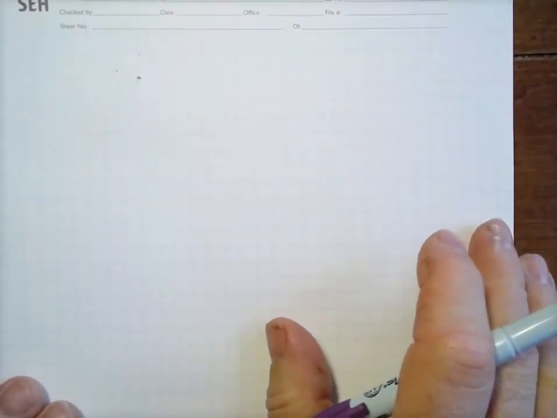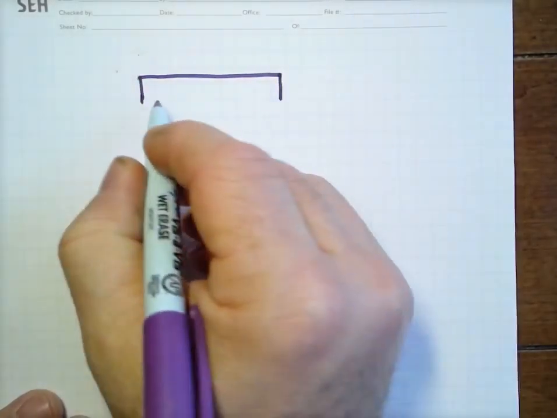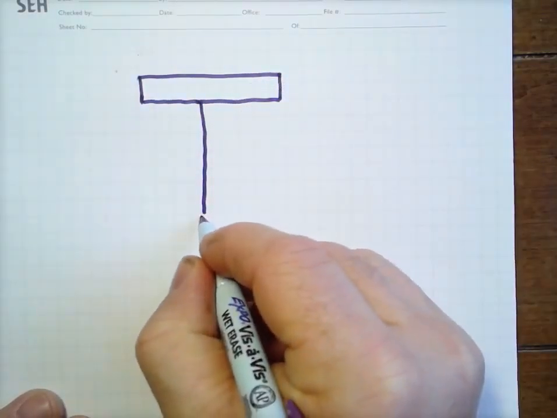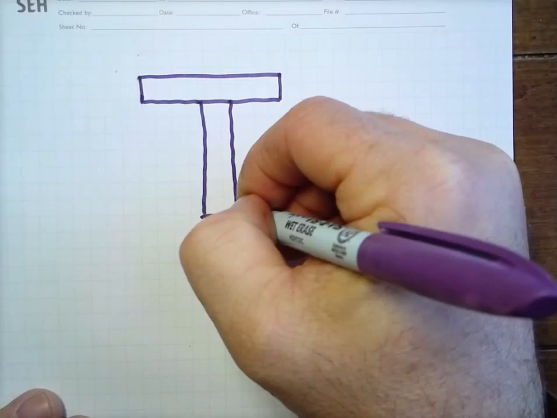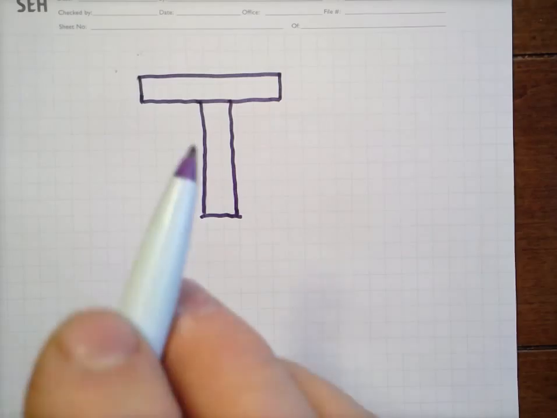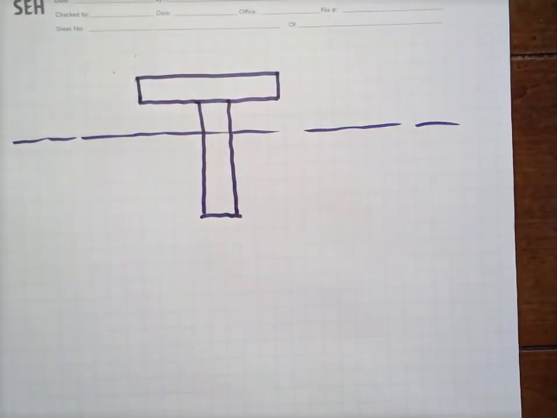All right, before I stop, I'm not going to do this example, but I'm just going to talk a little bit about it. What if we wanted to find Q for the different points on this cross-sectional area? Step 1 would be to find the centroid. Step 2 would be to choose the point where you want to find the shear stress.